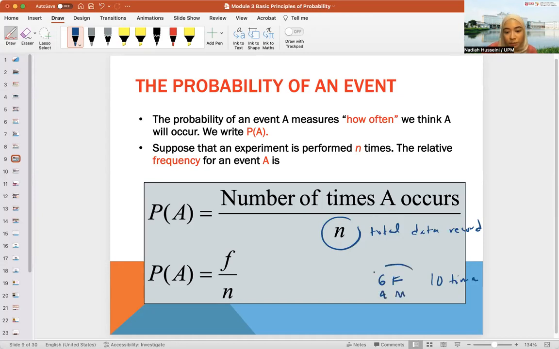So what is the probability of encountering a female? It is 6 over 10. 10 is the number of total data that you record, and 6 is the number of times that you encounter a female when you're recording data. Okay, so you can also write it as frequency F over N.